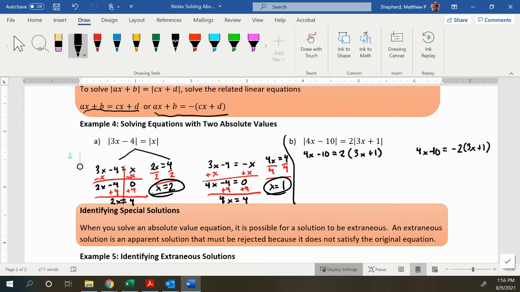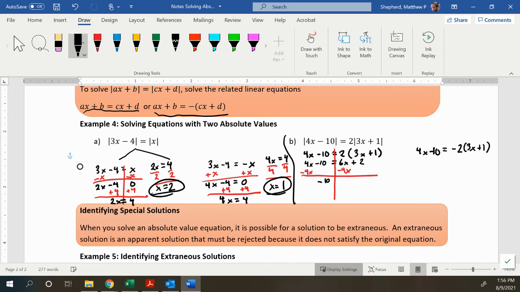Okay, all right, so as I do this, we're going to need to do some simplifying steps first. So 4x minus 10 is going to be equal to 6x plus 2. Let's now get that variable on only one side. Really important to me.